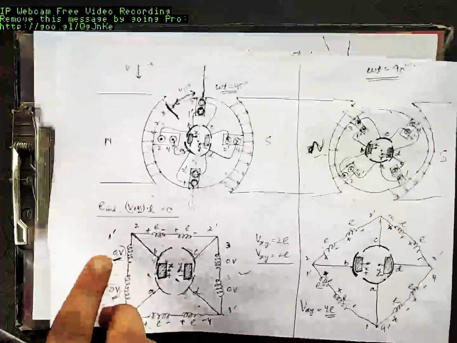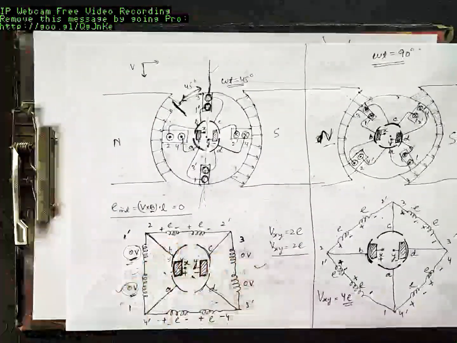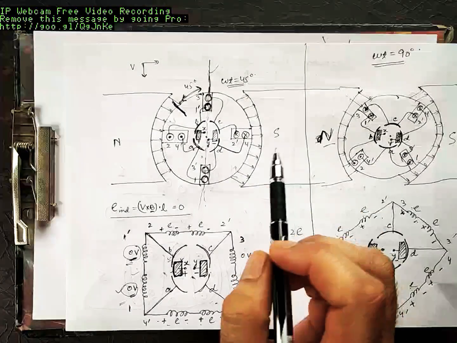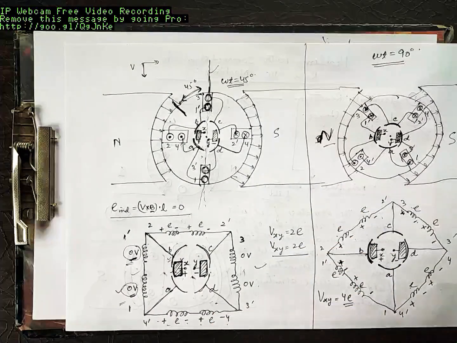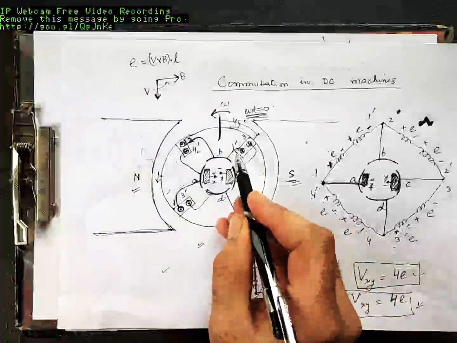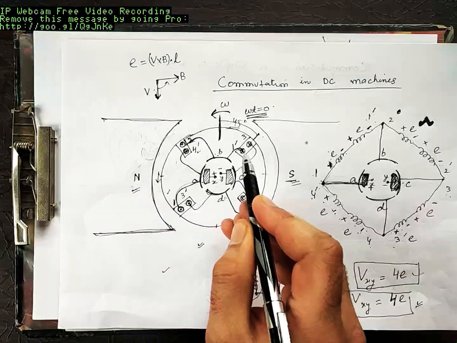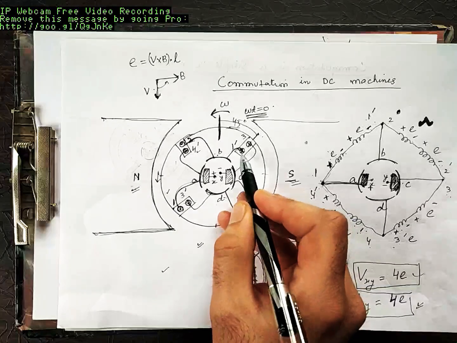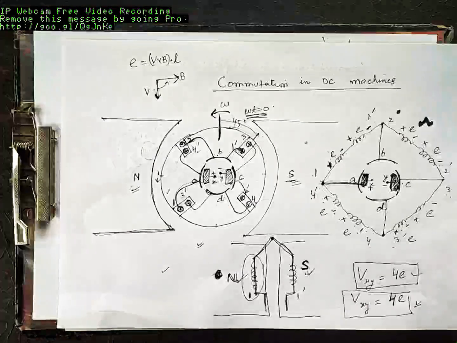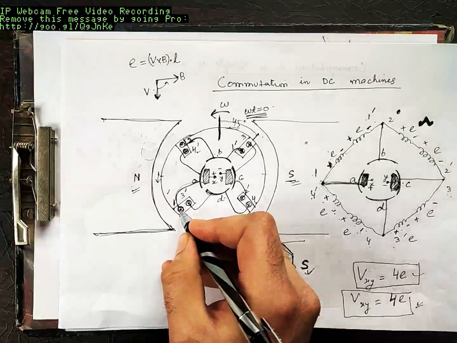Let me come here. Suppose initially at omega t equal to 0, the 1 prime side was cross and 1 was dot.